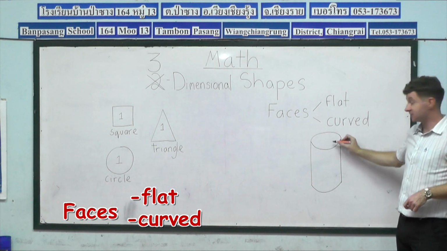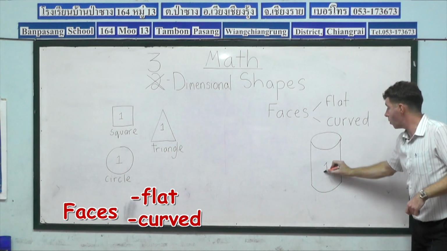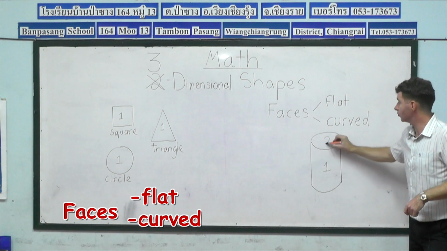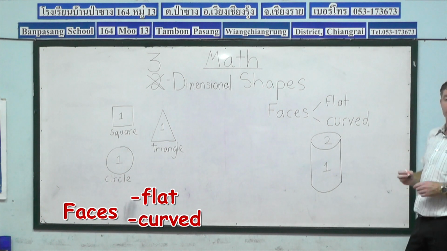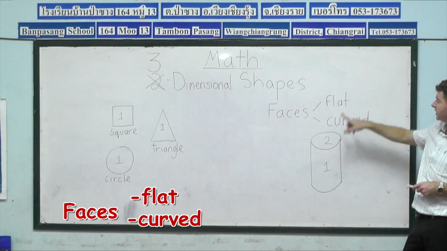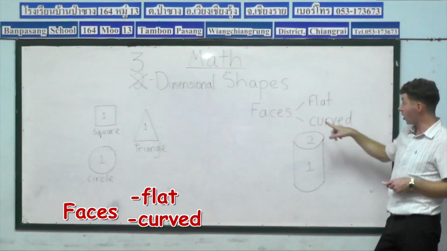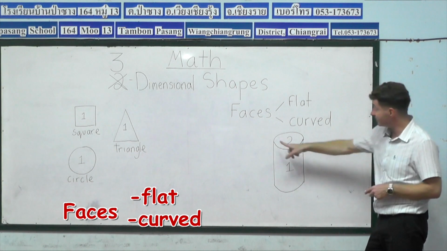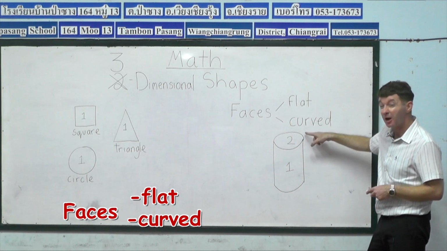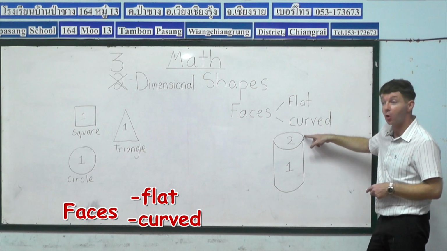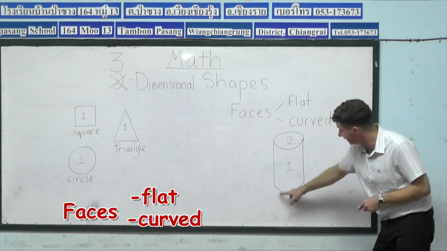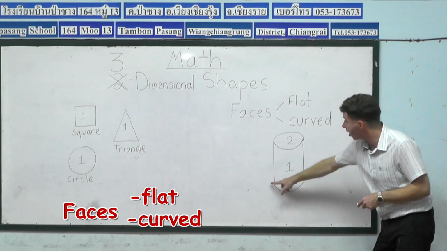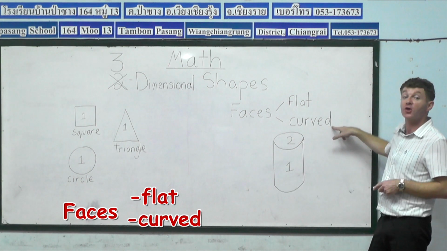Two faces. 1, 2. And what type of faces do we have, guys? Do we think they are flat faces or are they curved? Curved, yes. You can see, similar a little bit to a circle or an oval, but you can see they're not flat. They are what we call curved.